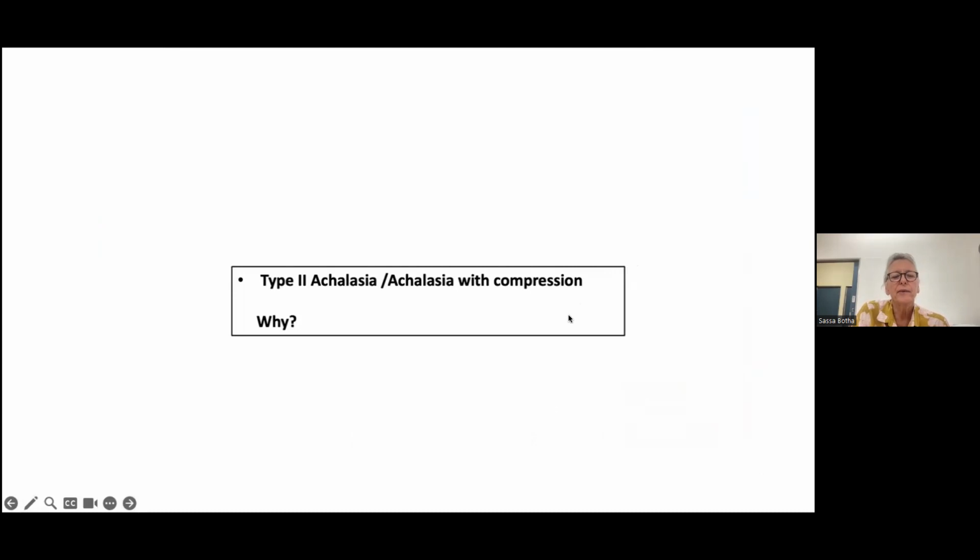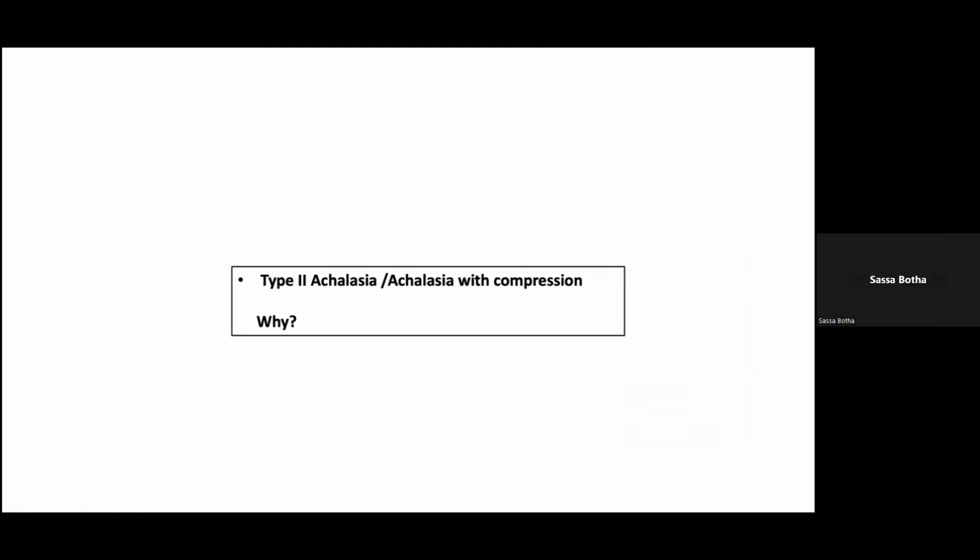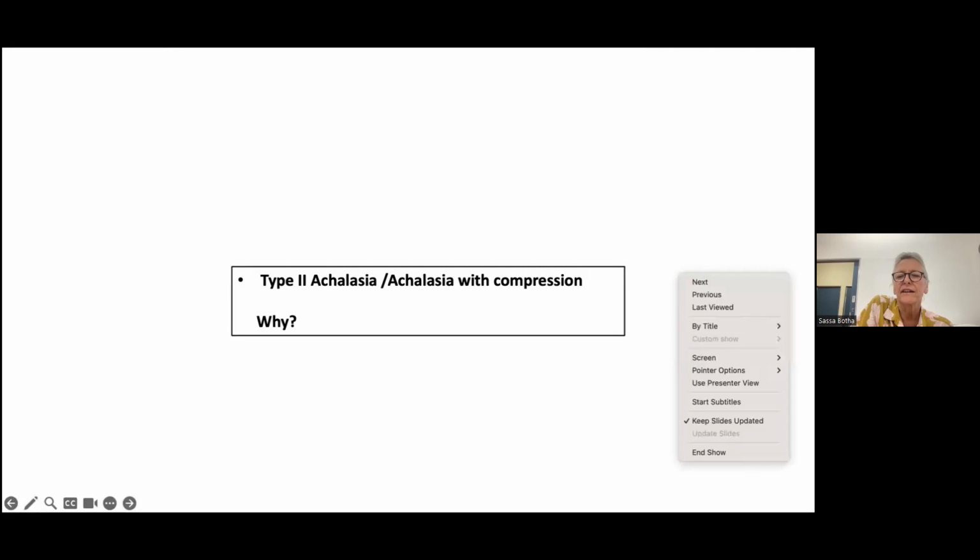Why do you say it's type 2? There looked like there was panesophageal pressurization as well. What are the two things that you must see with type 2 achalasia? 100% failed peristalsis, that's right, and then at least 20% with panesophageal pressurization.